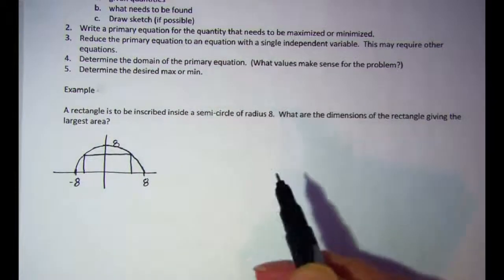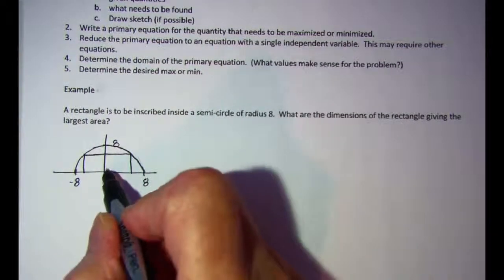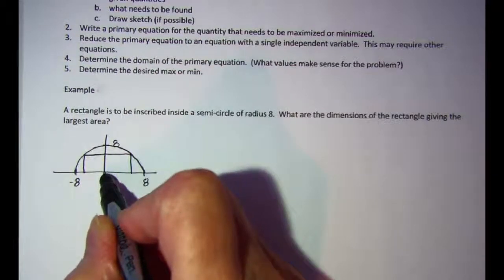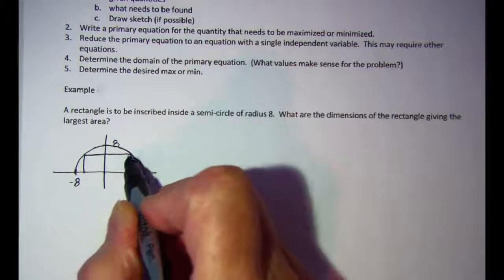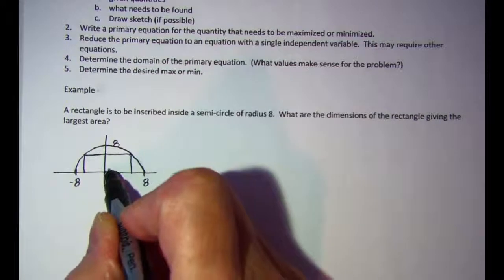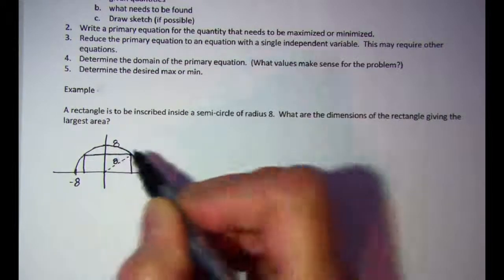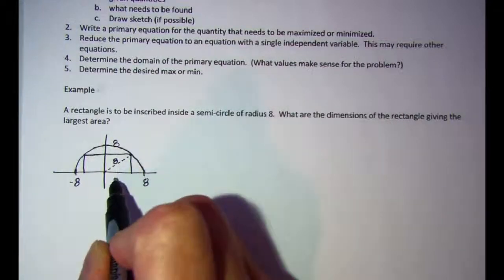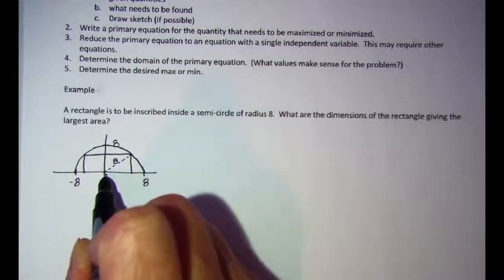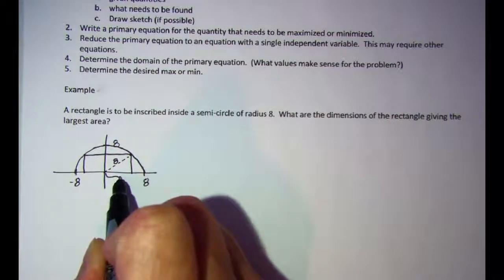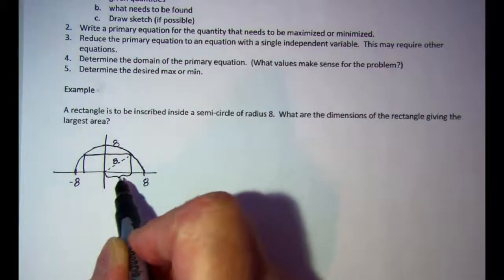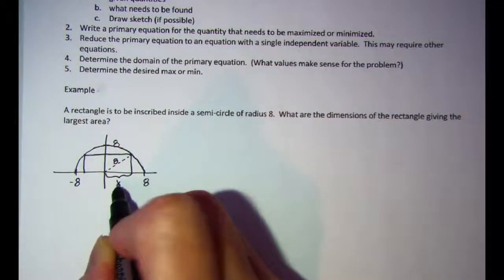in this semicircle. Now we know then that the distance from the origin to this point on the semicircle is 8. So this distance is 8 here as well. We'll call the distance from the origin to the side of my rectangle x.